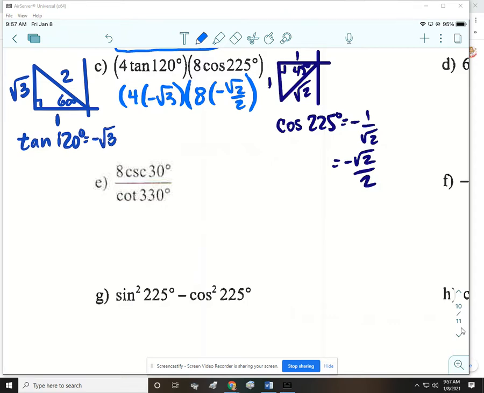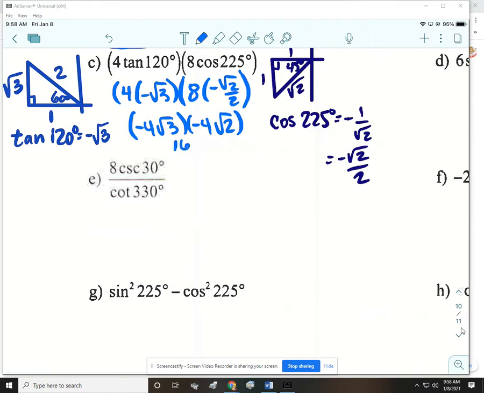All right, so let's go ahead and reduce inside and then multiply. So that's going to be negative 4 square root of 3 times negative 4 square root of 2. Then when we're multiplying, we would multiply the numbers outside together. So negative 4 times negative 4 is 16. And then the square root of 3 times the square root of 2 is square root of 6.